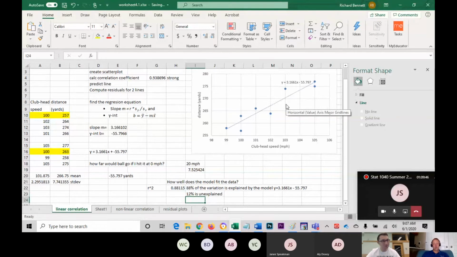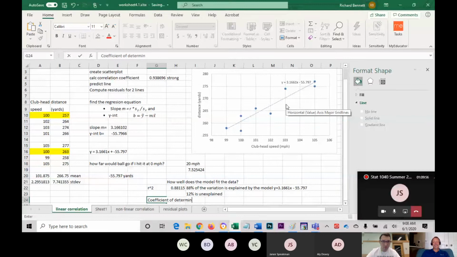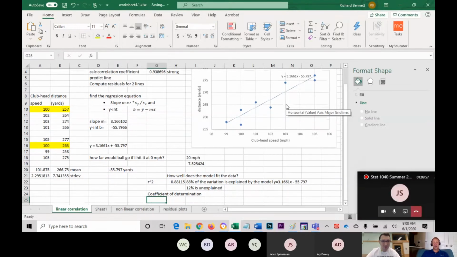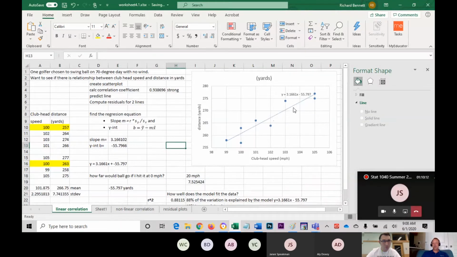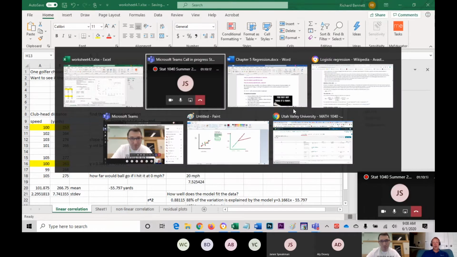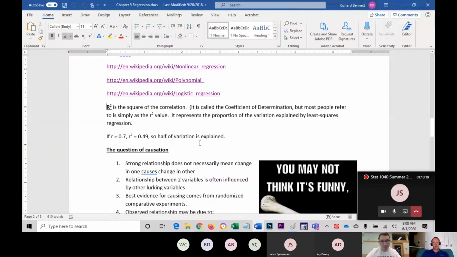Only in a statistics book do you know that this is called the coefficient of determination, which I think is a terrible name because nobody calls it that except for authors of statistics books. Most of us just call it the R-squared value. So you would say, based on this data here, if 88% is explained, that's a pretty good model.